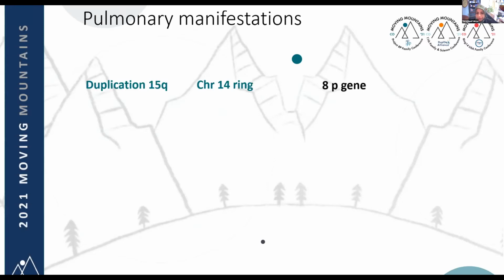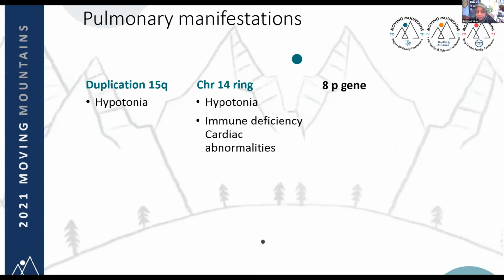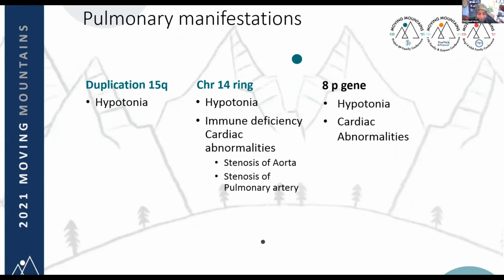So when we talk about genomic manifestations from a pulmonary perspective, there's a clear pattern that we see when we look at patients who are coming forward, be it from a pediatric age. One of the big things that jumped out is the presence of hypotonia in some of the children, and that is a marker of an understanding of what exactly is happening at a muscle and a nerve level.